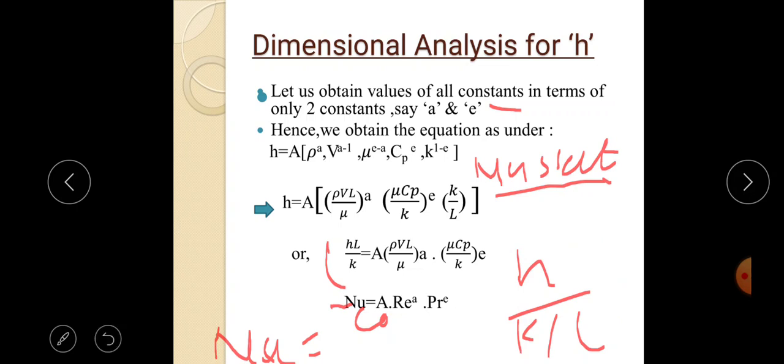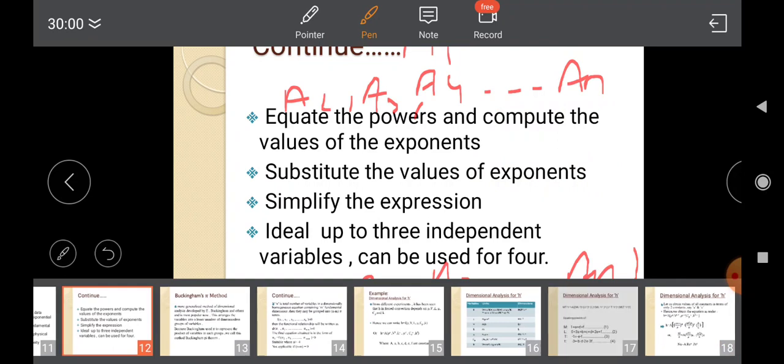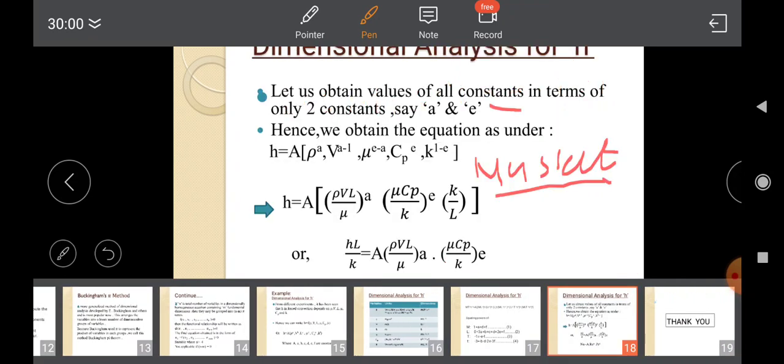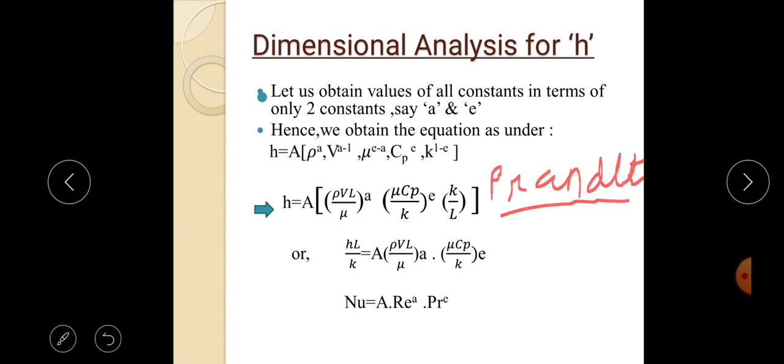Now what is the Pr? Pr is the Prandtl number.